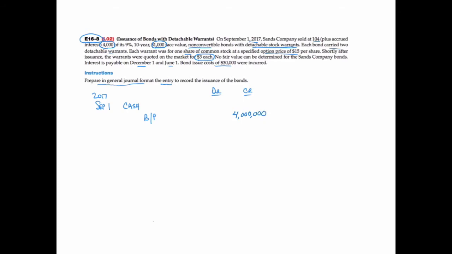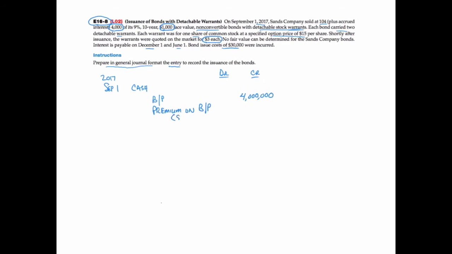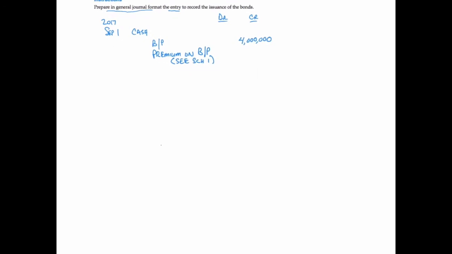We're also going to have the premium on bonds payable, and that's going to be, we'll just say see Schedule 1. And I'll put Schedule 1 down here below, calculation of bond premium.